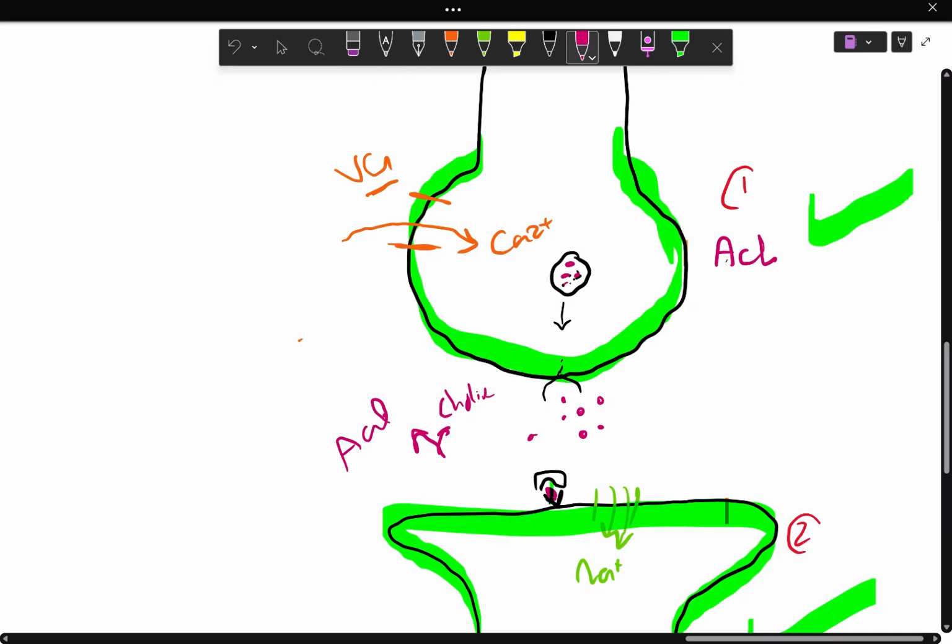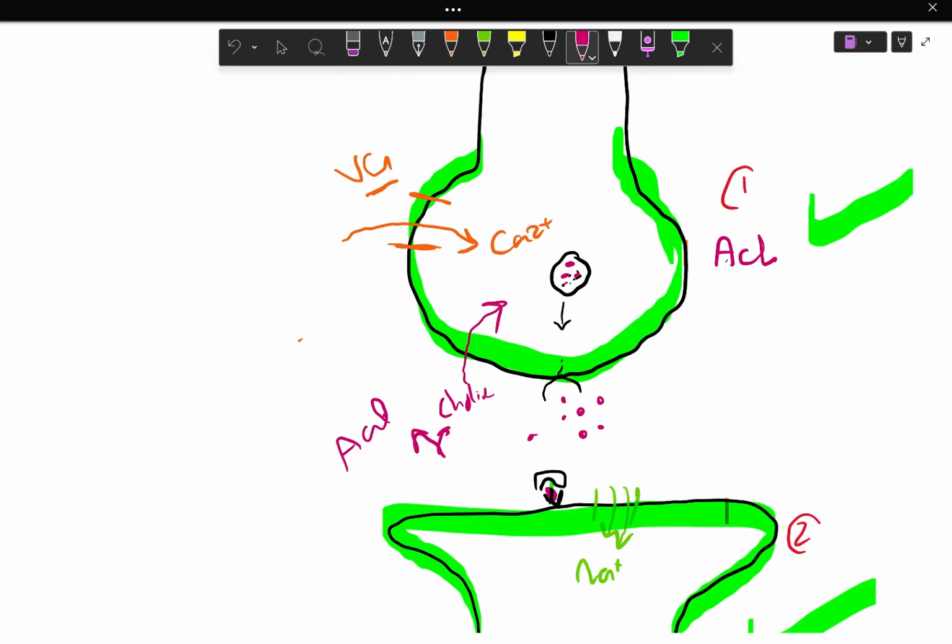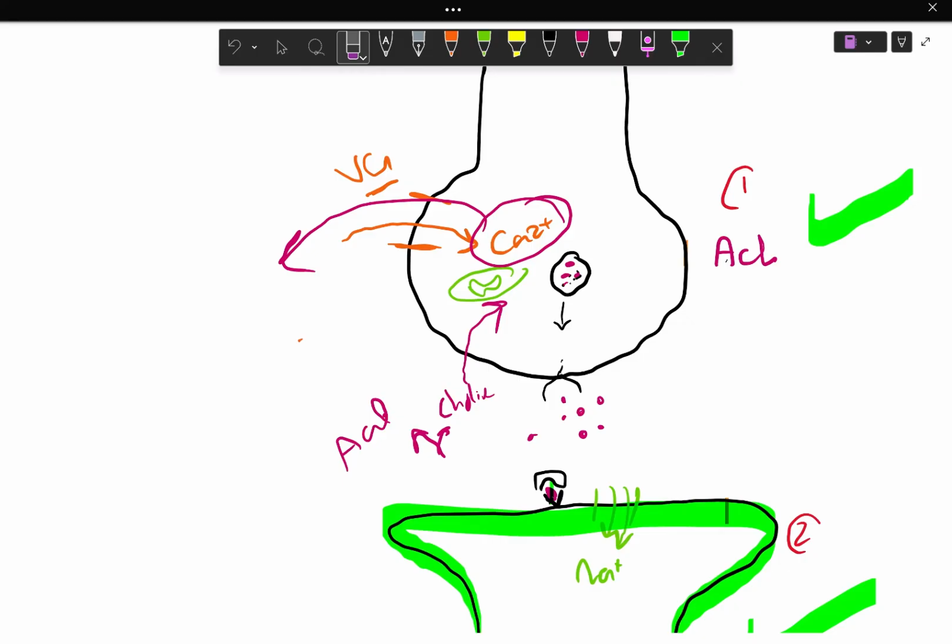Okay, the choline diffuses back into the presynaptic membrane and goes into the mitochondria to combine with acetyl coenzyme A and form acetylcholine again. And at the same time, the calcium that was here will be actively pumped outside again. So now this can stop being depolarized and this can stop being depolarized.